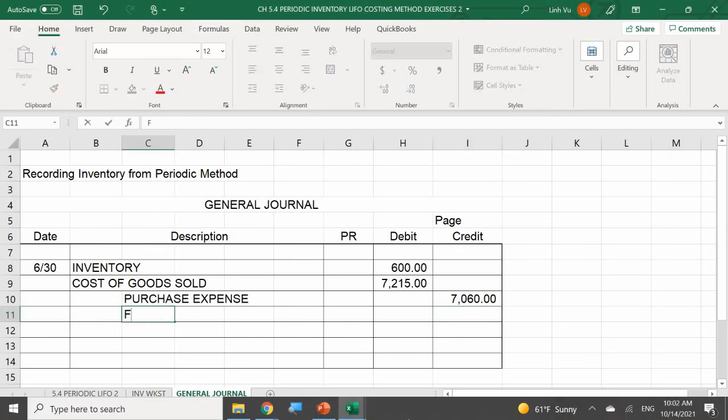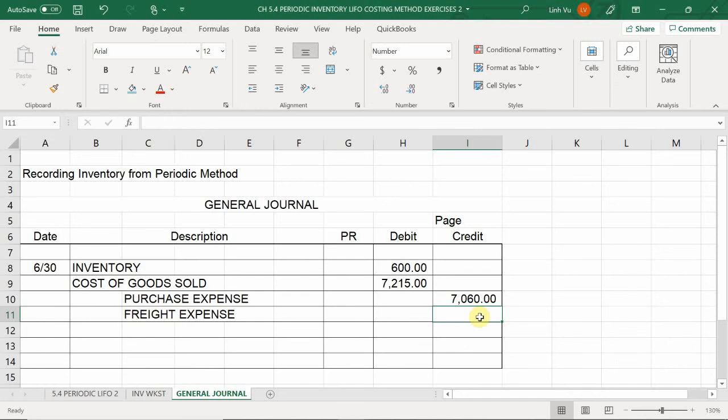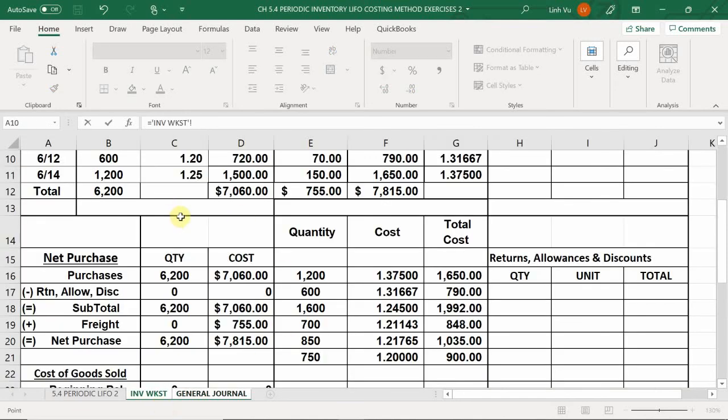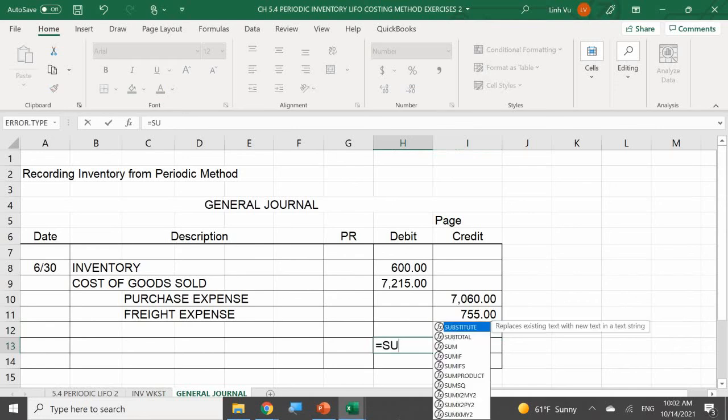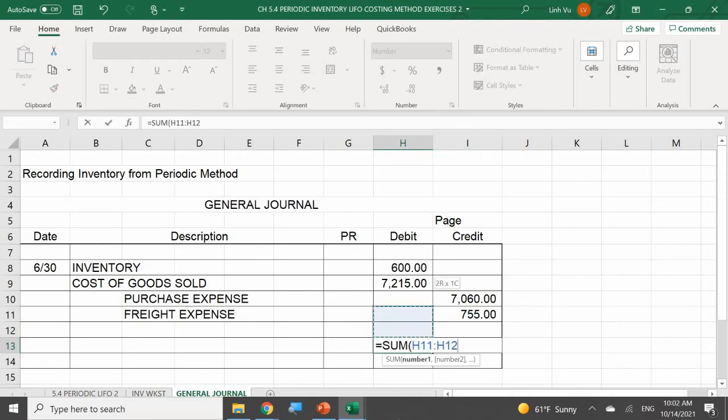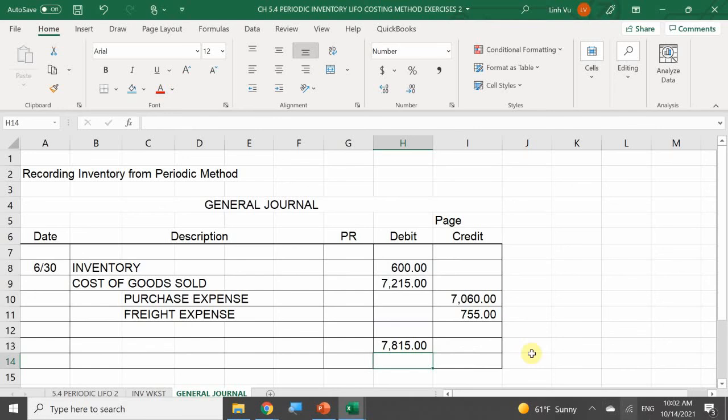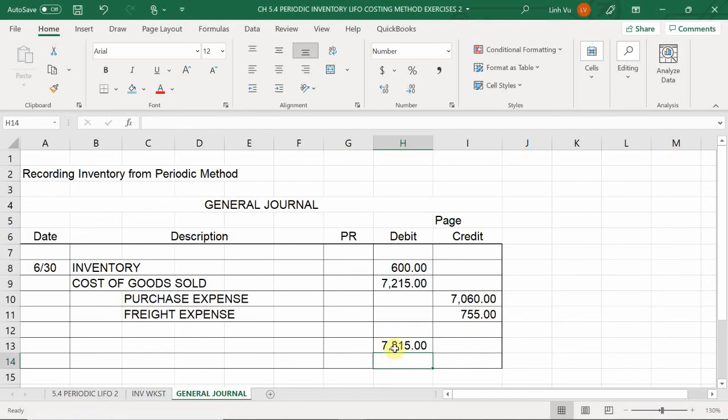Freight expense, which was a total cost of 755. Okay, last thing I need to do is just make sure that my total debits match my total credits. So I have a total of 7,815 on the left, and I have a total of 7,815 on the right.